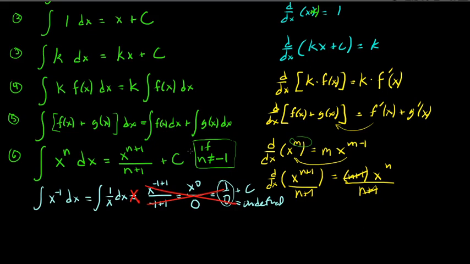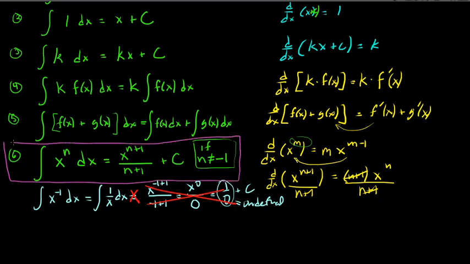So at least in this whole chapter 4, you're not going to see the integral of x to the negative 1 or the integral of 1 over x. Okay, so that's the power rule for indefinite integrals or antiderivatives. Just like for derivatives, make sure you know this, because we're going to use this over and over again.